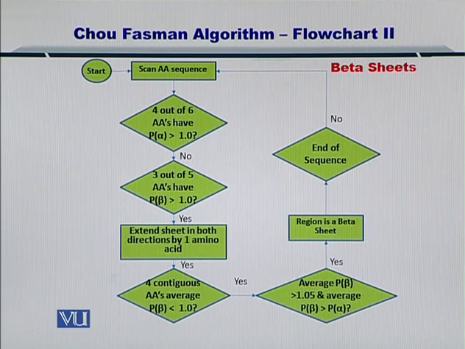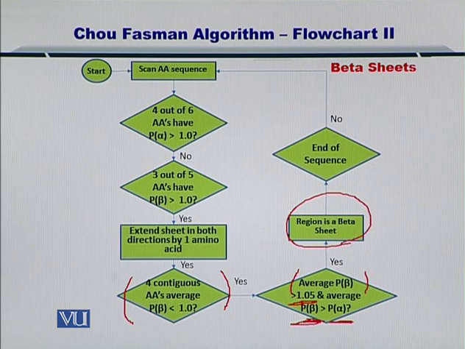After that, we applied 2 conditions, and we saw that if 4 contiguous amino acids do not have an average above 1 for forming a beta sheet, we computed the overall average for the propensity of forming a beta sheet, and if it was greater than 1.05, as well as their propensity for forming a beta sheet was more than the propensity for forming an alpha helix, we finalized the region to be a beta sheet. And we used to do that till the end of the sequence.